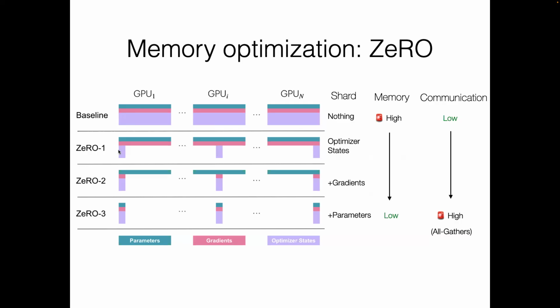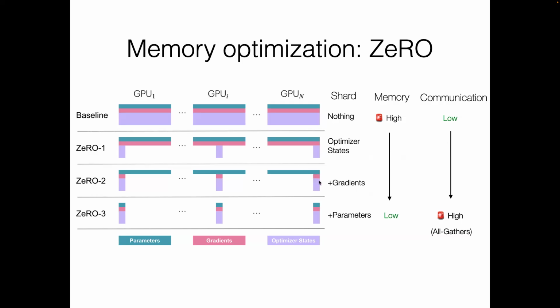So now each GPU will only hold the optimizer states, like the Adam parameters, for a subset of the model parameters. And so now you can imagine that in order to update everything, you incur additional communication costs.